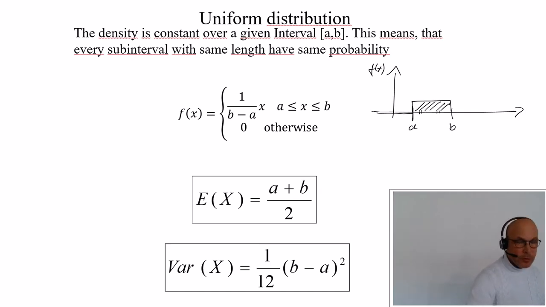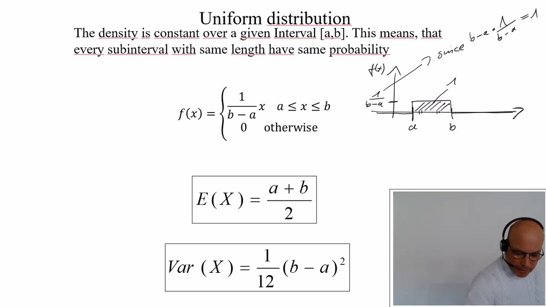Since we assume that integrating over our density function, the area, compare the former example, has to be 1, then of course we have this rectangle. One side is B minus A. Then the height of this rectangle has to be 1 over B minus A, since B minus A times 1 over B minus A equals 1.